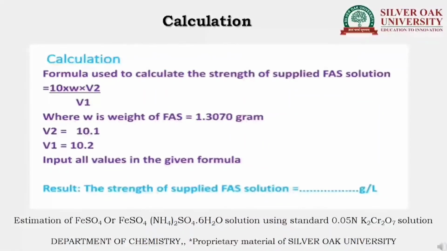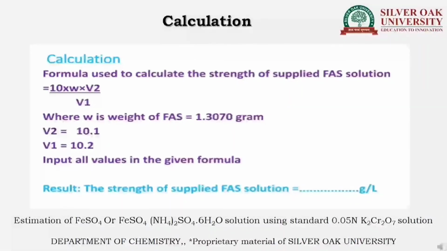Now it's time for calculating the strength of supplied ferrous ammonium sulfate solution in gram per liter by using this formula: 10 into W into V2 upon V1, and here W is weight of ferrous ammonium sulfate, 1.3 gram, and V2 is our first reading 10.1 ml and V1 is our second reading 10.2 ml.